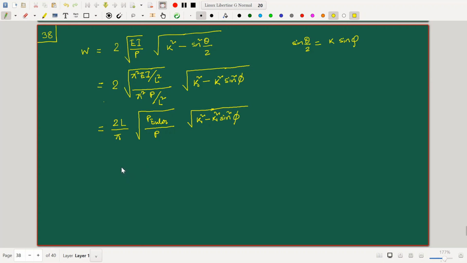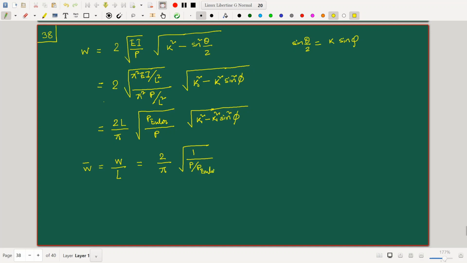Now please note that although we have supplied in our code in Jupyter notebook this ratio P by P Euler, which is just the inverse of this, we have not yet provided the value of this L. But not to worry, what we can do is normalize this deflection, which is a length value, by this L. So we non-dimensionalize this W by L. W bar is equal to W by L, which is equal to 2 by pi square root of 1 divided by P by P Euler.